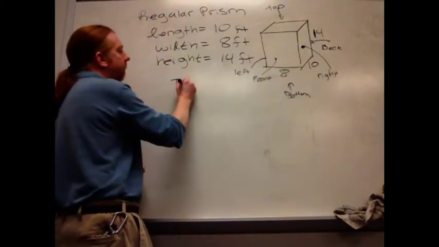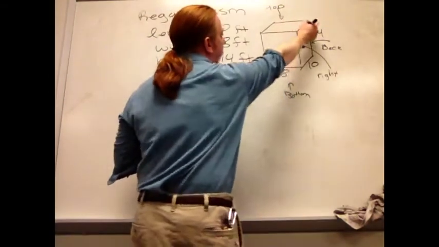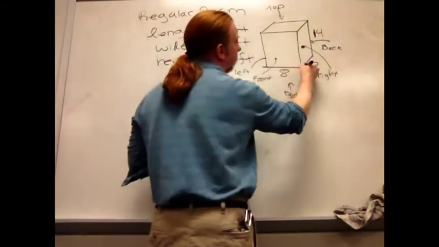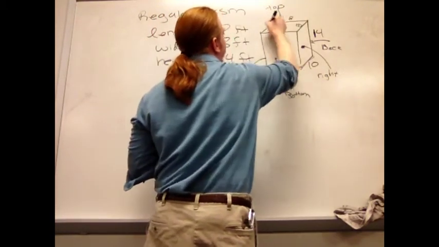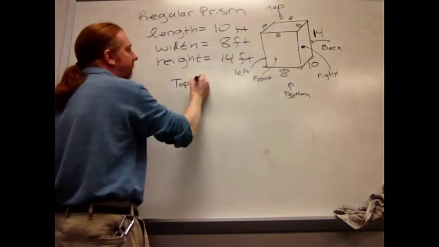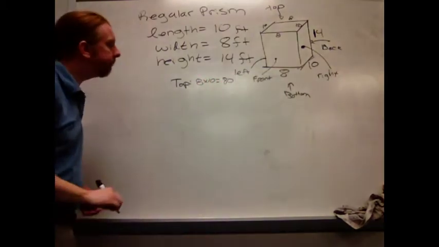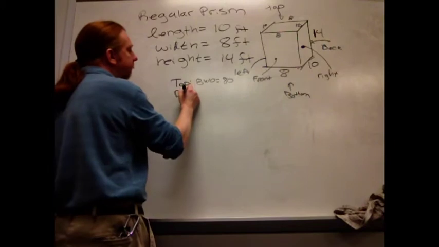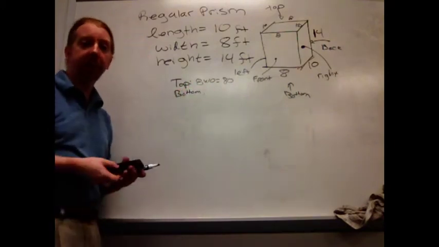The top, we know, is a rectangle. That's this piece up here. It is 8 by 10 because that's 8 and that's 10. So the top is 8 by 10, or 80. The bottom, similarly, is made up of the same basic dimensions.